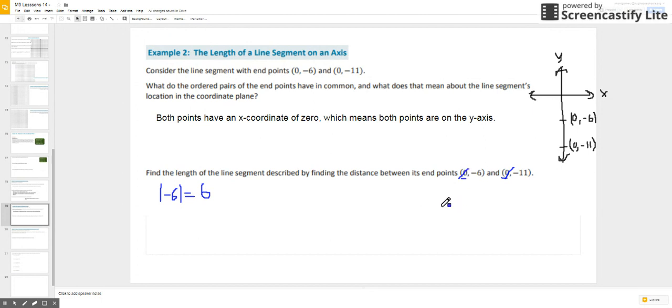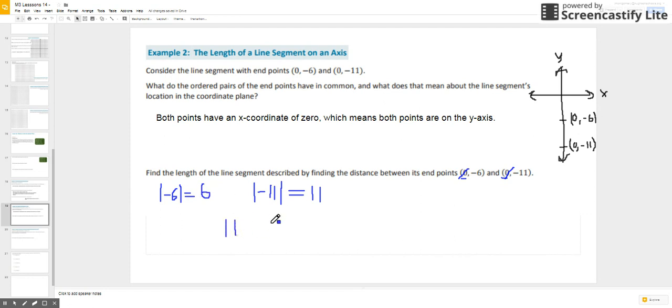You'll learn how to find the distance if they're not the same in 8th grade. The next coordinate is -11. The absolute value of -11 is 11. We simply want to put the bigger number first, so 11 and then 6.